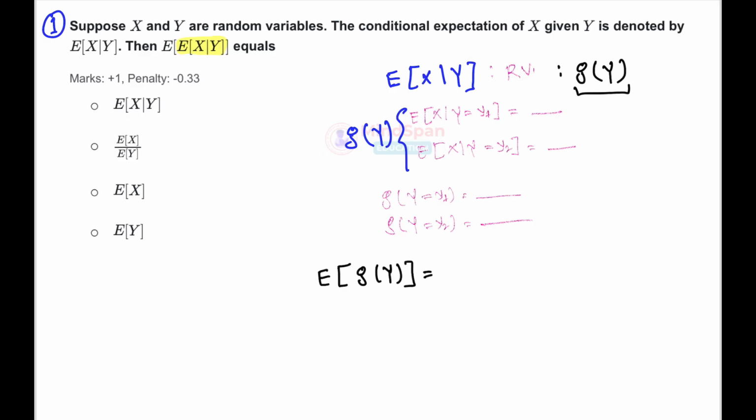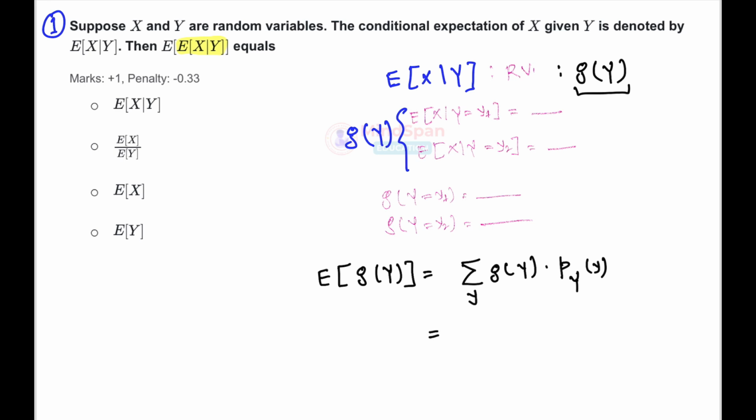How can we proceed? We can simplify it. We know how to find the expectation of a function: that would be equal to the summation of g(y) times the corresponding probability, the PMF of this random variable y, and this summation goes over the values of y.